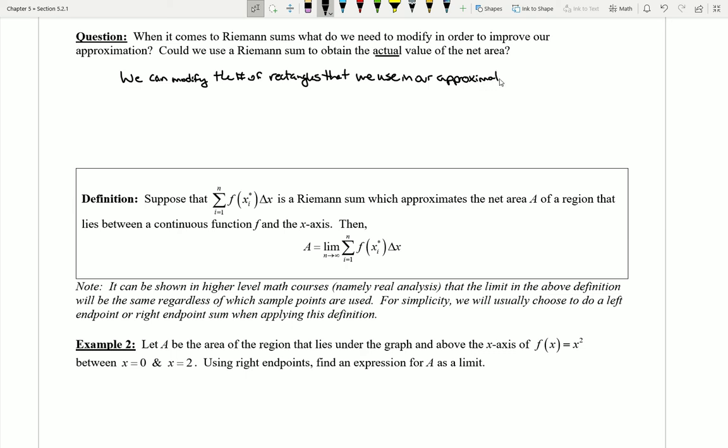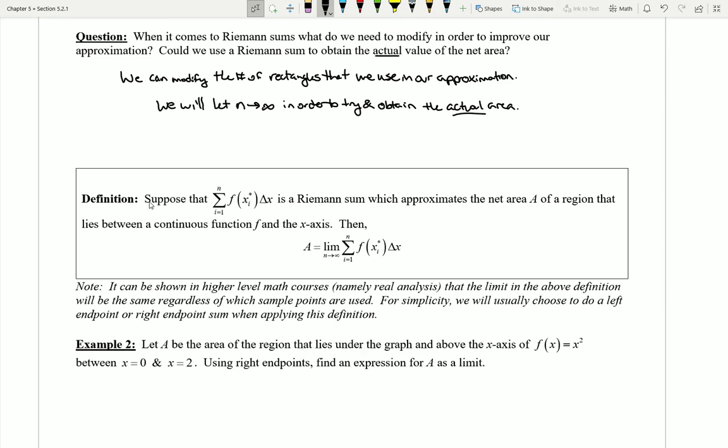This is at least the most influential factor. We will let n approach infinity in order to try and obtain the actual area. This is our idea.